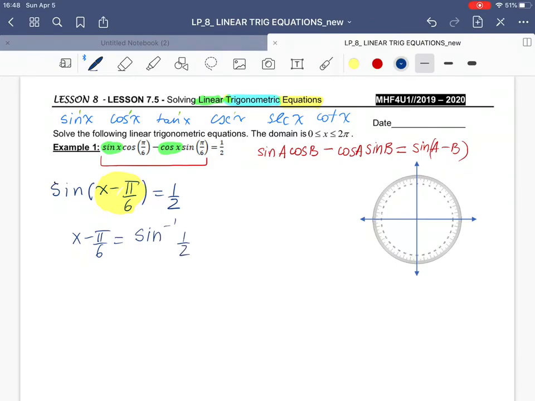Now you probably recognize this ratio as one of the special ratios, so I'm going to quickly draw the two special triangles, and whenever I actually solve equations, I draw them on the side of my worksheet just so that I have them handy there. And here is one special triangle.